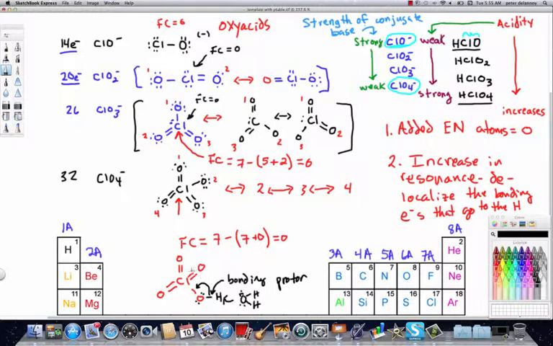And the reason they can delocalize is because of this resonance, because of the capability of the electrons involved in the multiple bond to be dispersed over the surface area of the molecule. All right, and I think I'm going to close with that.